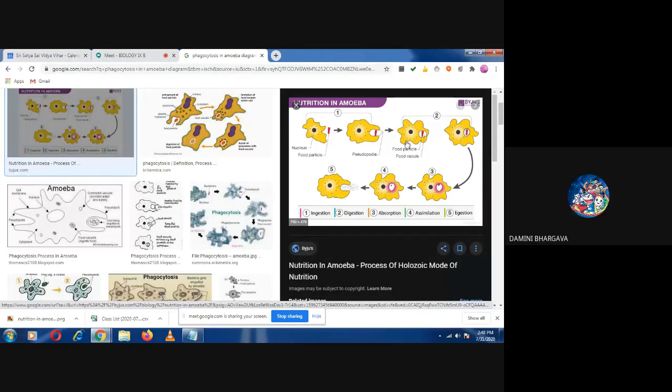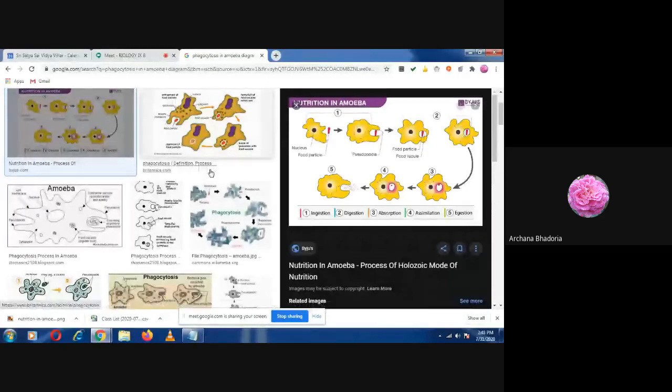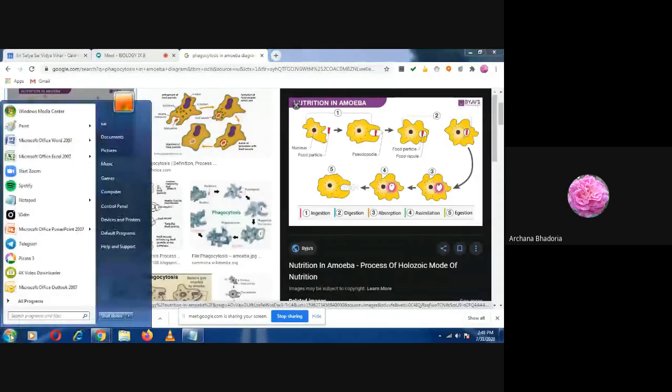Nutrition in amoeba. Try to see this first figure. In this, you find this red colored food particle coming near. I hope no one is having confusion because of these figures. Or should I bring this one only on the screen? Otherwise, I'll bring only that figure in front of you.